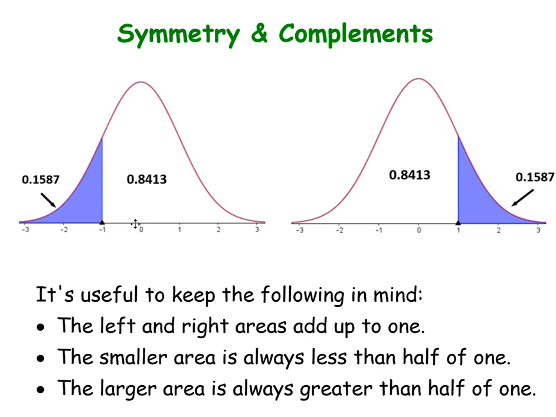However, if you have a z-score to the left or to the right of the mean, you have one area less than 0.5 and one area greater than 0.5. Also, if you know one area, you automatically know the other because you can just subtract from 1.